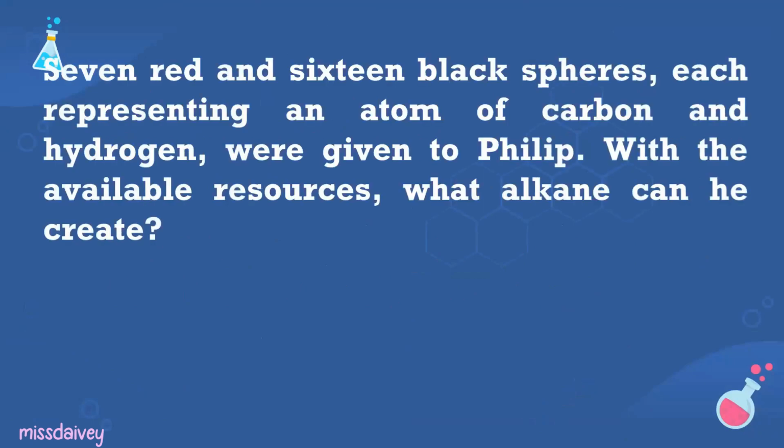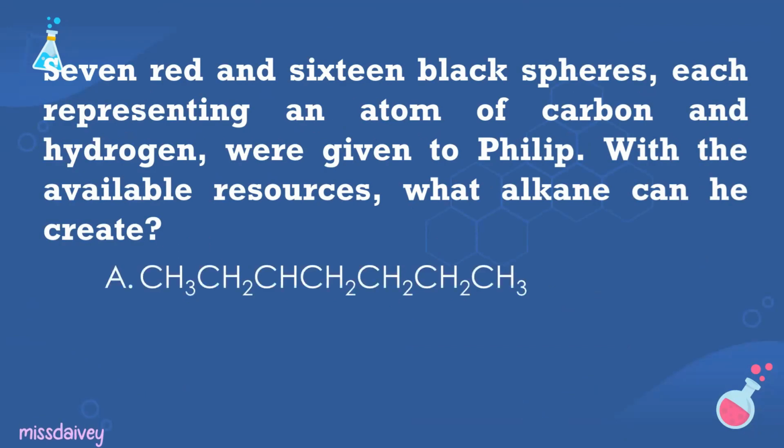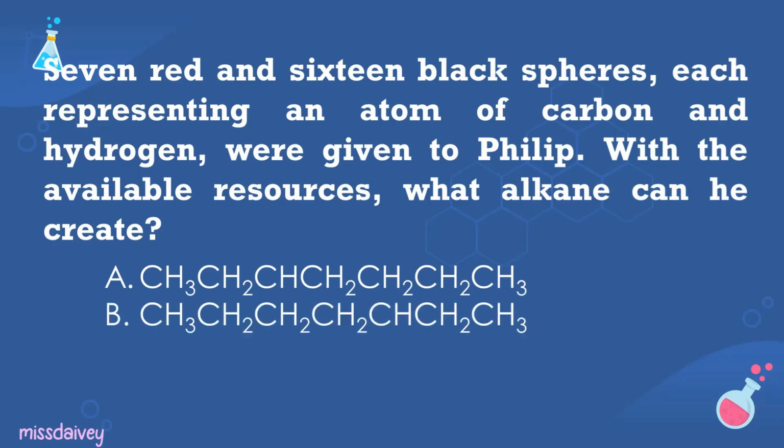7 red and 16 black spheres, each representing an atom of carbon and hydrogen, were given to Philip. With the available resources, what alkane can he create? Is it A, CH3, CH2, CH2, CH2, CH2, CH3? B, CH3, CH2, CH2, CH2, CH2, CH3?